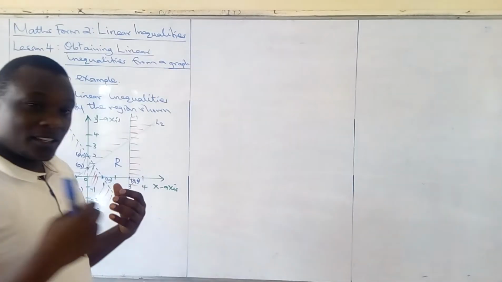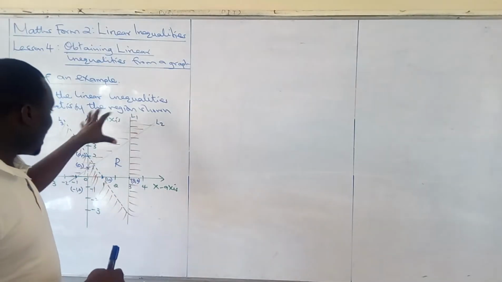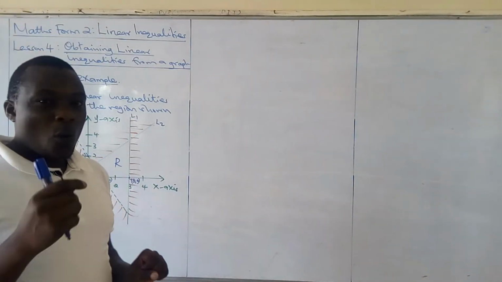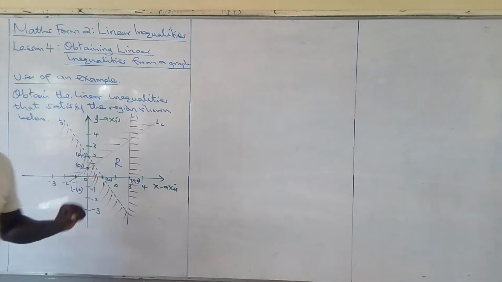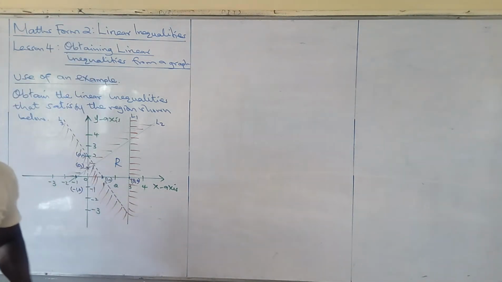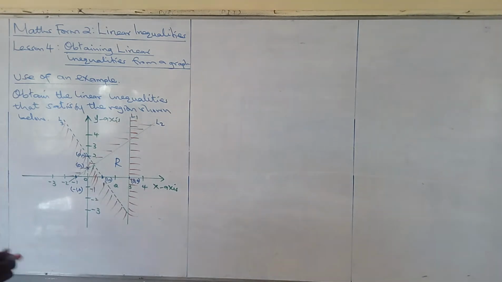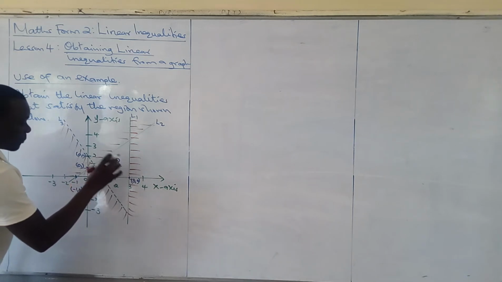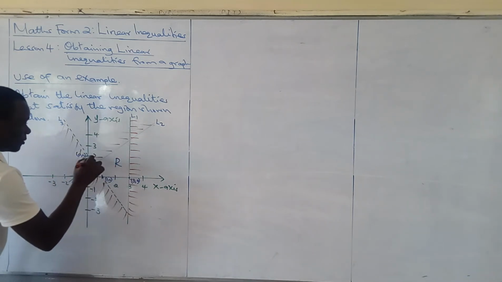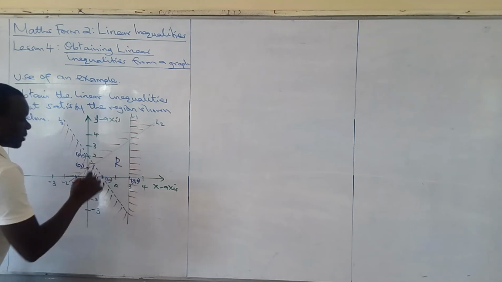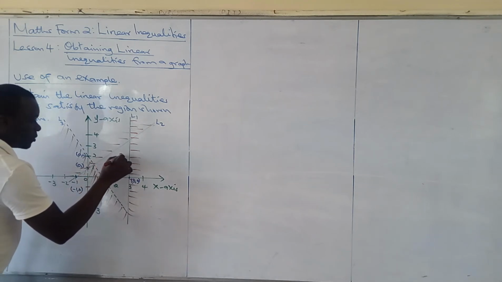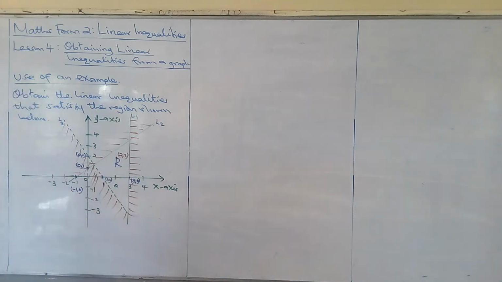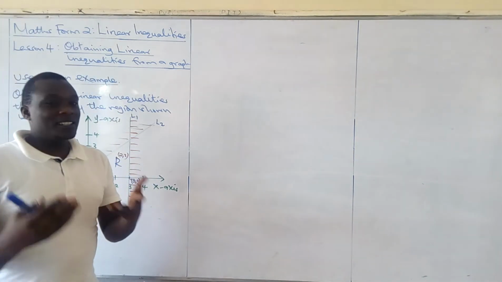After obtaining the equations of lines 1, 2, and 3, we will identify one given point on the wanted region R. Inside the region R, the point that we can see here is 2, 2. We will use this 2, 2 as our reference point so as to obtain the linear inequality symbols.